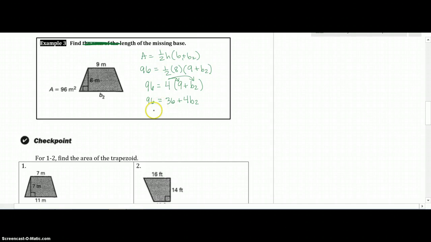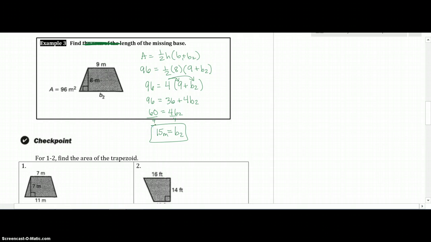If we subtract 36 from both sides, we get 60 equals 4B2. And we want B2 to be by itself, so we're going to divide both sides by 4, and we get the length of base 2 to be 15 meters.